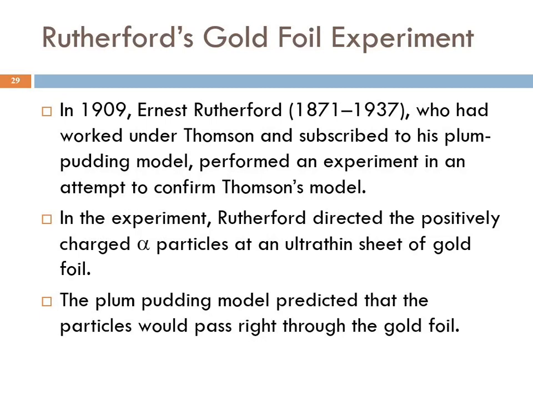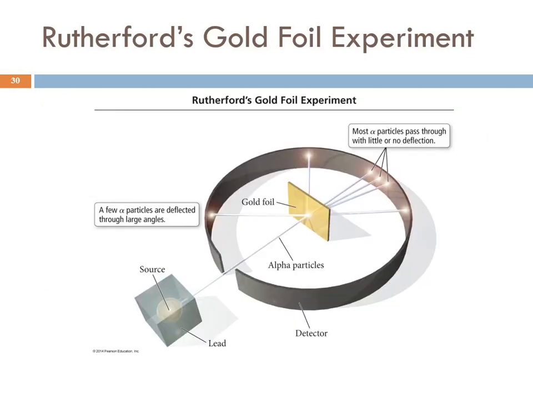And the plum pudding model predicted that these massive particles moving at high speed would just go straight through the atom. Think about tiny particles going very fast, shooting at a muffin, right? They're just going to go straight through. This is what he expected to happen.